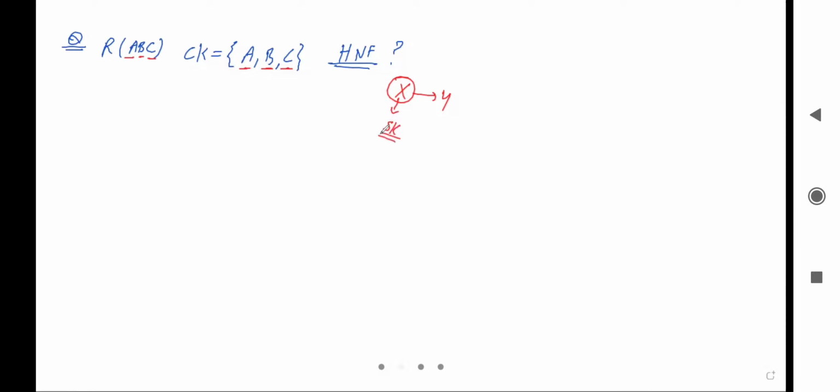So we can say it will be in BCNF, right? So in this case, that will be BCNF. The highest normal form is BCNF, because all the attributes are super keys. Is it clear to all?